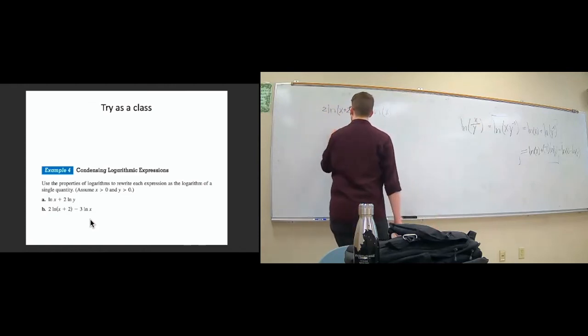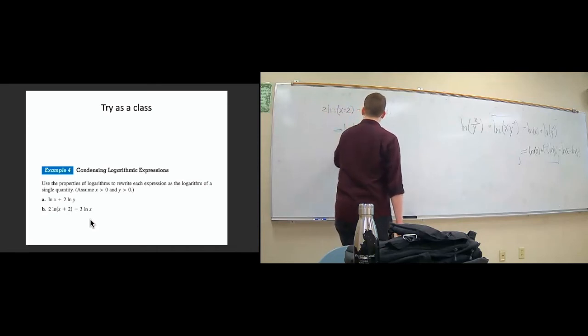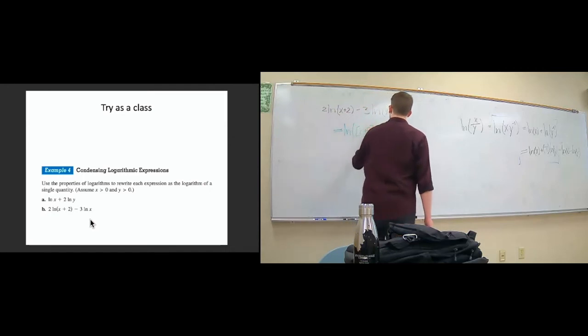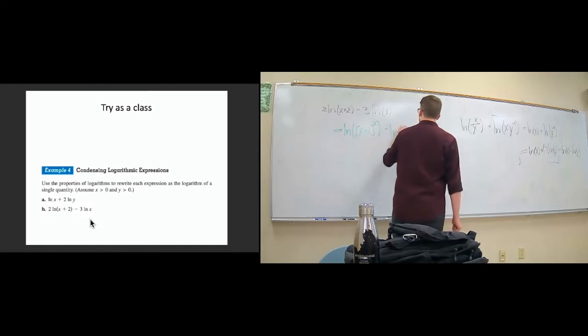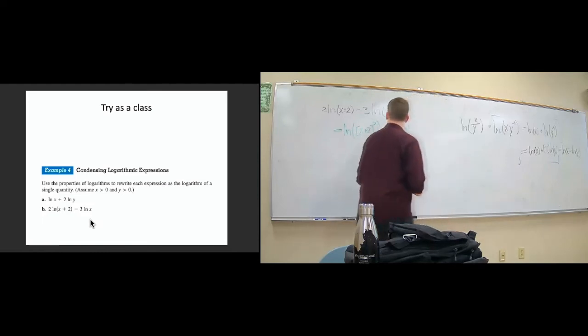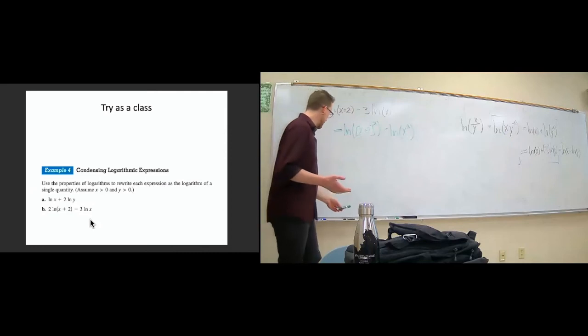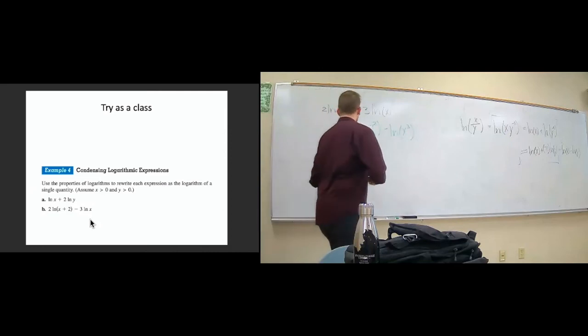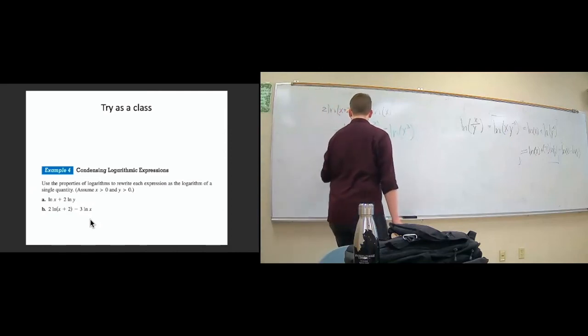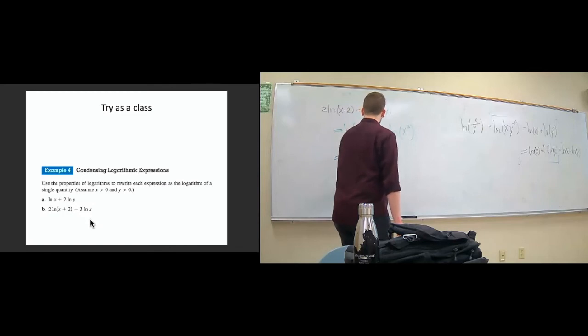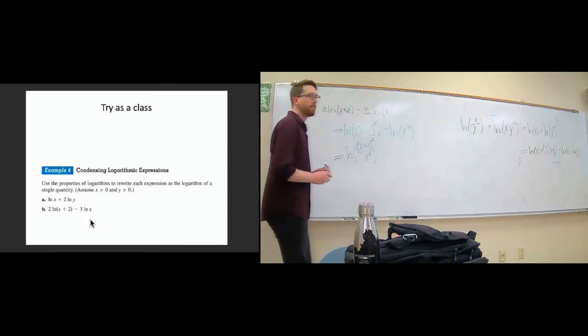Well, by property 3, this is equal to the ln of the quantity x plus 2 squared minus the ln of x cubed. And by the second property, this is going to be the ln of x plus 2, that quantity squared, divided by x cubed. That's it.